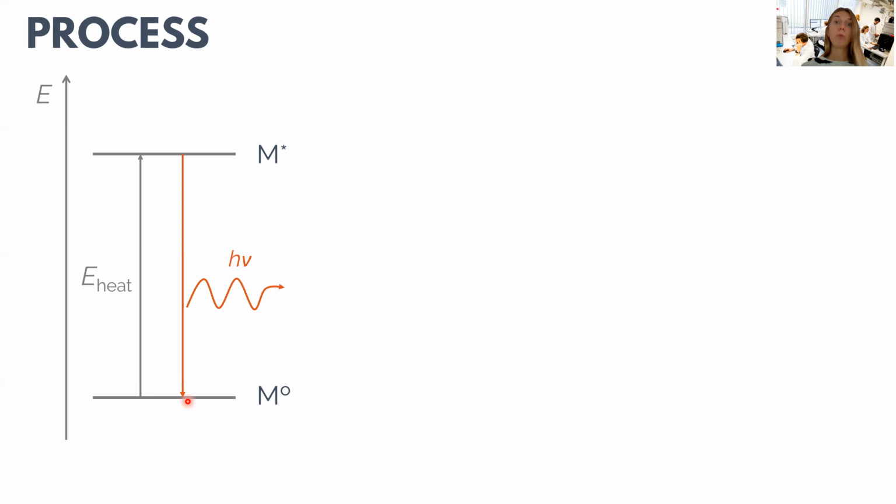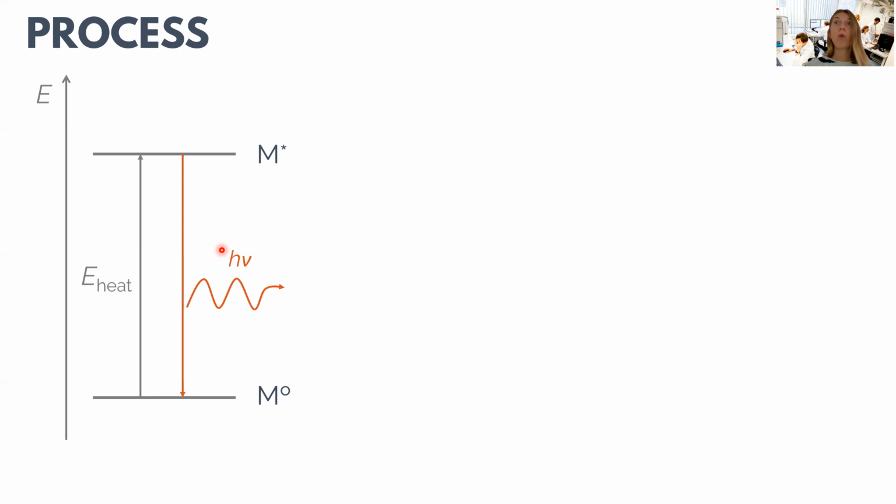But what we are interested in atomic emission spectroscopy is the process where the metal atoms return to the ground state from the excited state with the emission of a quant, so emission of a light quant.